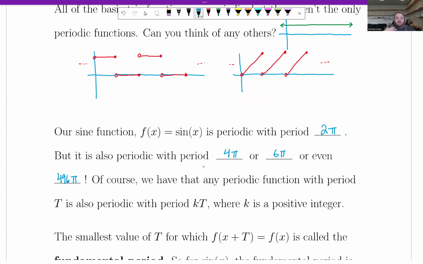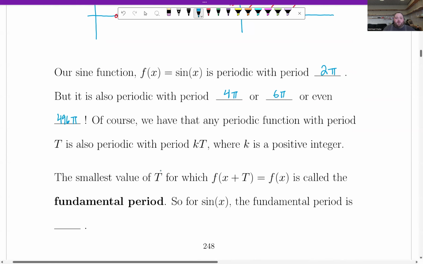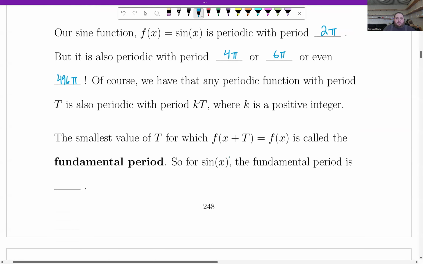Any even integer, except for 0, times pi would also be a period for the sine function. Of course, we have that any periodic function with period T is also periodic with period kT, where k is a positive integer. Okay, so not negative, right? Positive integer.